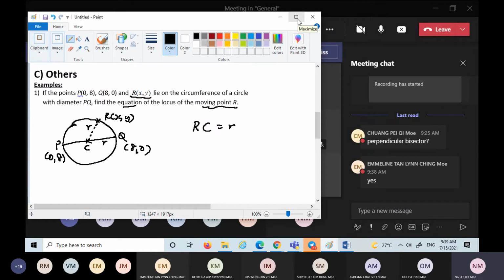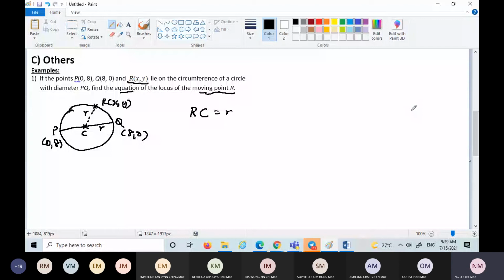Okay, so for this question, when you copy in your books, you can do the same thing. First, follow what I said just now or what you think. I don't want to work it out for you, because I'm going to show you another method. Then after that, you use this method, check and see whether you get the same answer or not. So first of all, you find PQ, the distance, and then R as half of PQ, which is the radius.